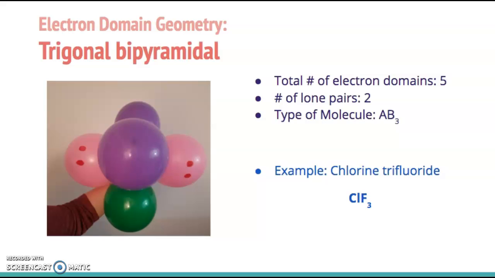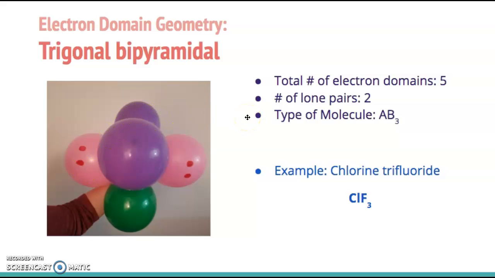We have another trigonal bipyramidal shape. The difference with this one, just as how we saw with the tetrahedral, was the number of lone pairs. So this is how I was saying before, the number of lone pairs will also affect the shape. So it's still trigonal bipyramidal because we have 5 electron domains, 1, 2, 3, 4, 5.